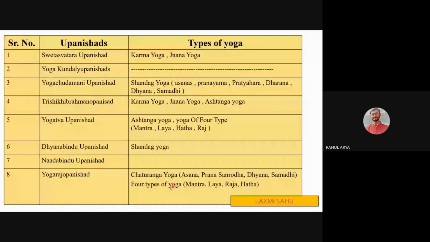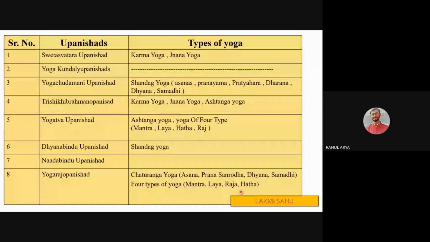And 4 kinds of yoga: Mantra, Laya, Raja, and Hatha. Can you see the difference between the Yoga Tattva Upanishad and the Yoga Raja Upanishad? Yes, please note it down very carefully. The sequence.